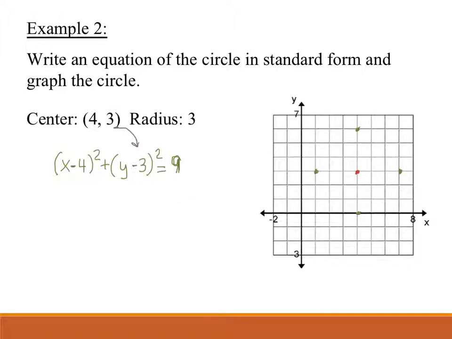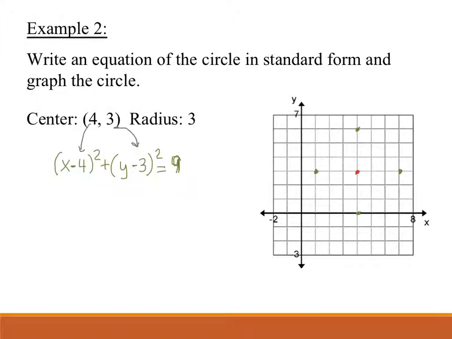Notice they're both negatives. The reason why is when we put 4 into x, 4 minus 4 is equal to 0. So to get back to the origin, we just put in the positive part in each x, y.